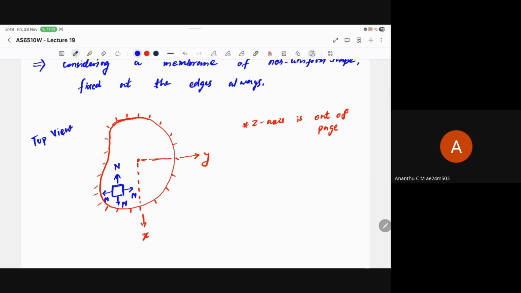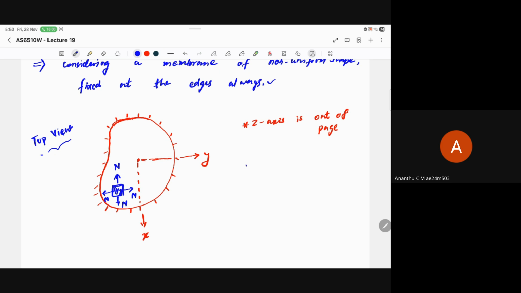What we have here is a membrane which is fixed at the edges, and you're applying the pressure, and because of the pressure, it is going to deflect, with transverse deflection out of the plane in the positive z direction. Because of the deflected shape, there will be tension force which will develop, and that tension force is your N, which I am showing on a small element of the membrane.